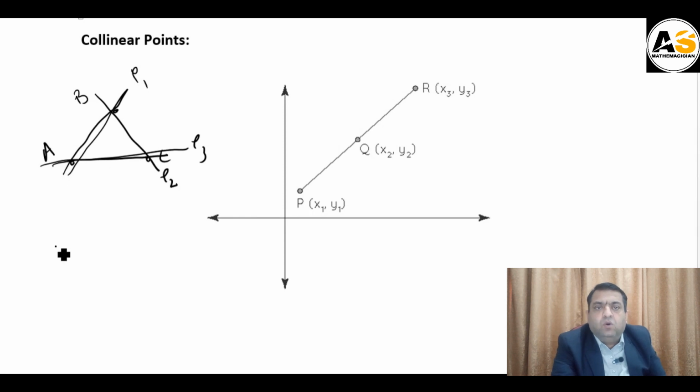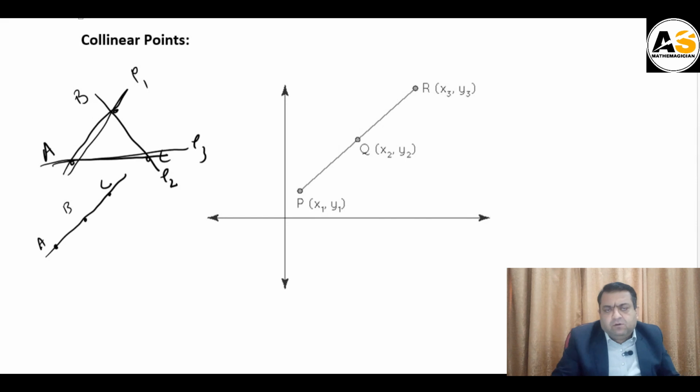They are not collinear. But if these points are in such a way that a line joining the points A and B, extended, passes through C, then you see these 3 points are lying on the same line, as P, Q and R are here in the given figure.